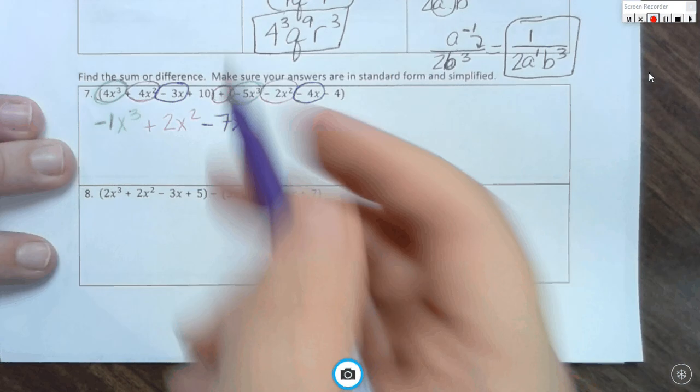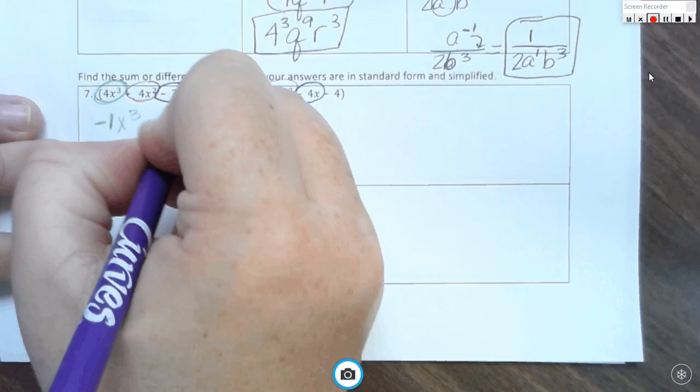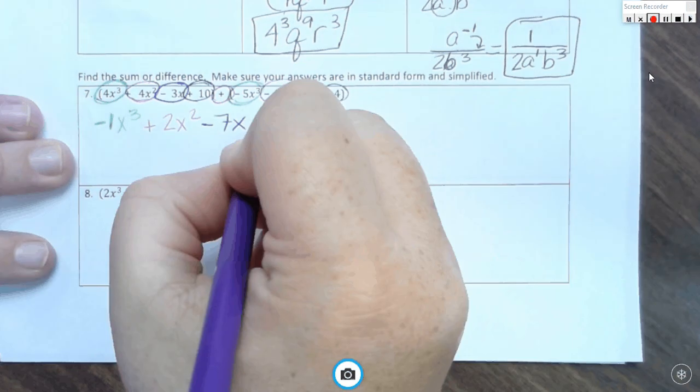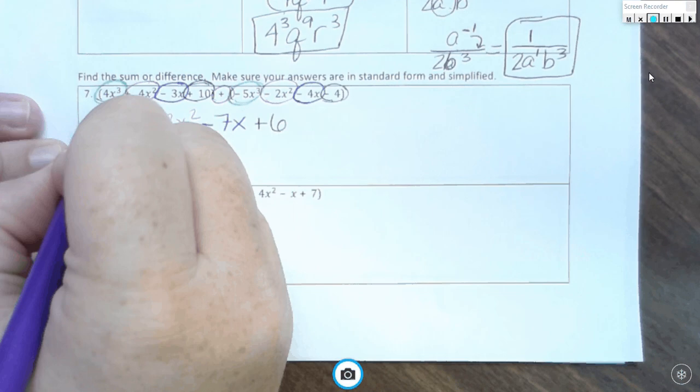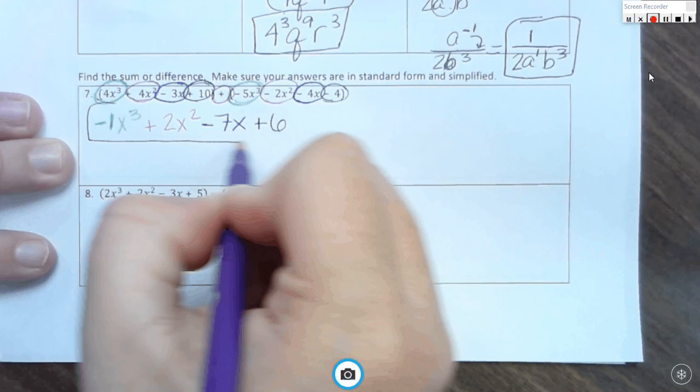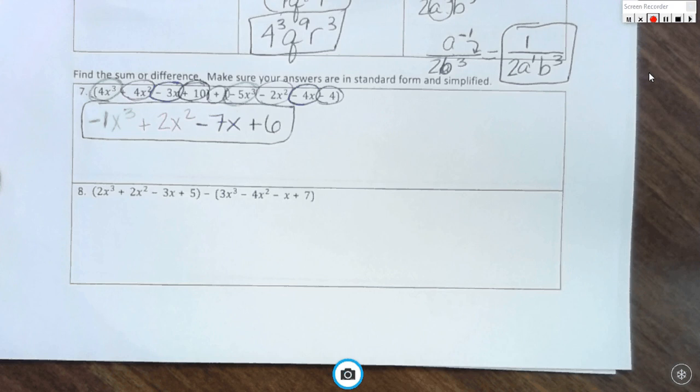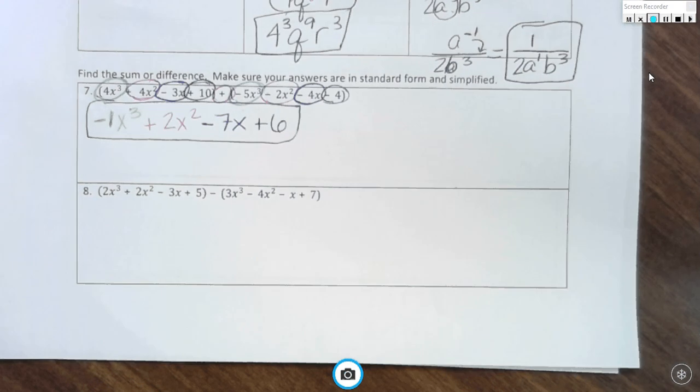And finally, my constants, I have positive 10 and -4, which would be positive 6. All right, so just combining like terms. Again, watch the middle for what it tells you to do, okay? All right, let's look at number 8.